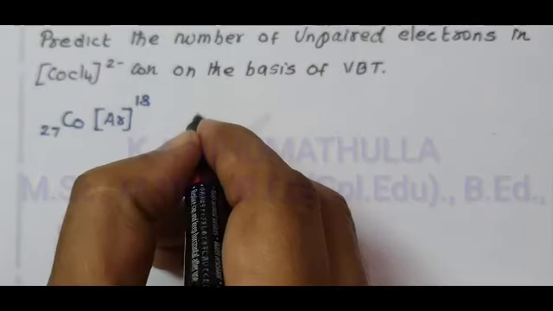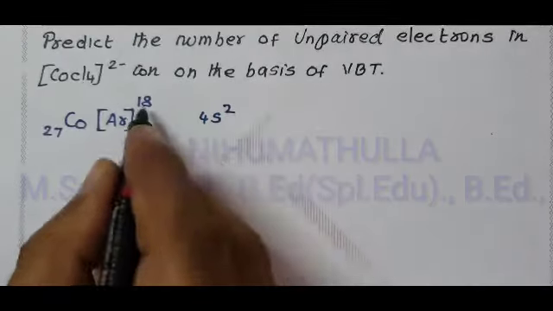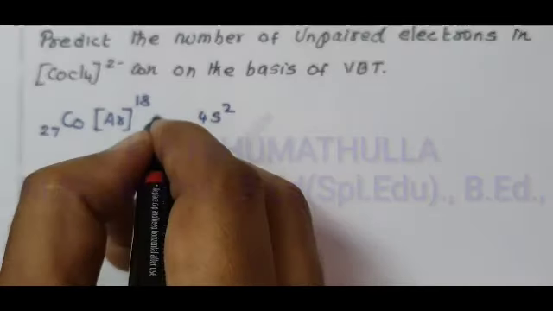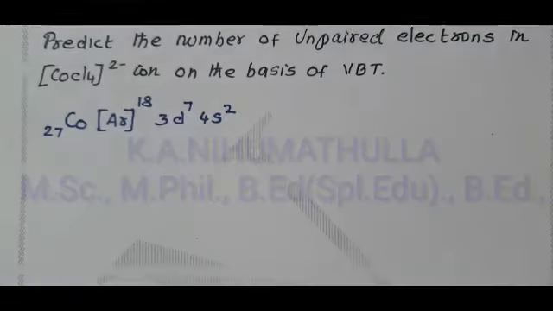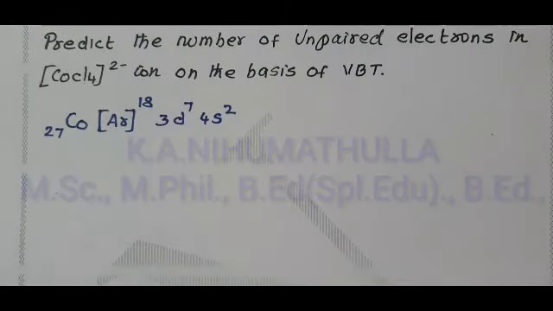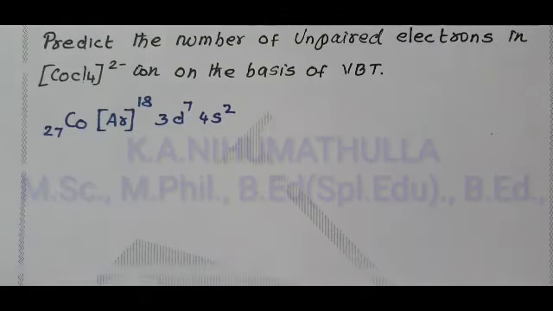Next, according to the Aufbau principle, electrons enter the 4s orbital, 20. The remaining 7 electrons enter the 3d orbital. Cobalt is in the 2+ oxidation state in this complex.